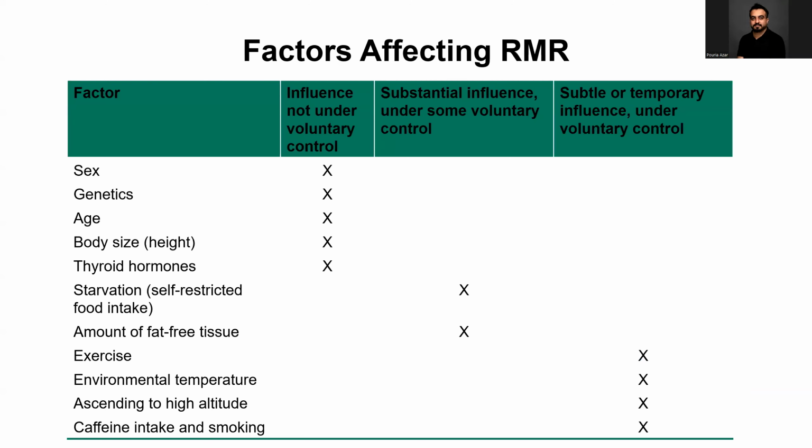And here, these are the factors affecting the resting metabolic rate. We have factors like sex, genetics, age, body size, like height. We have thyroid hormones, starvation, amount of fat-free tissue, exercise, environmental temperature.